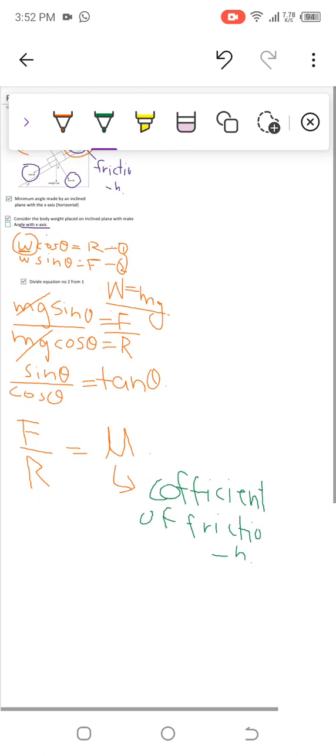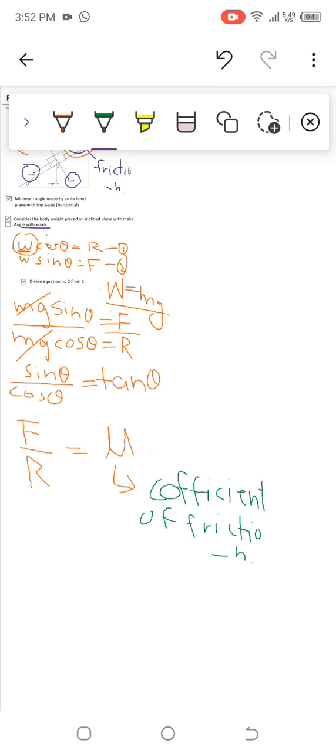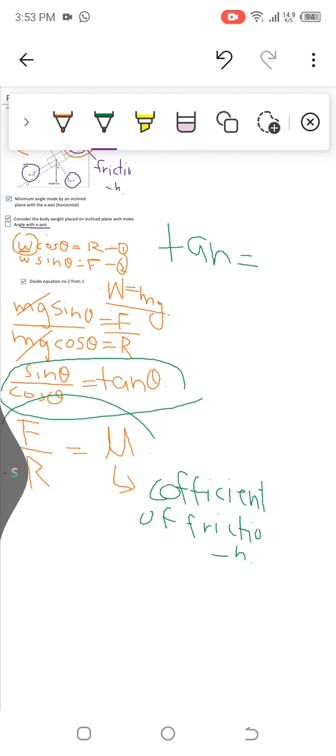Now we're going to see here. We have tan theta, which is equal to sin theta upon cos theta, and F upon R is equal to mu. So now we put the values of both. Tan theta is equal to mu.